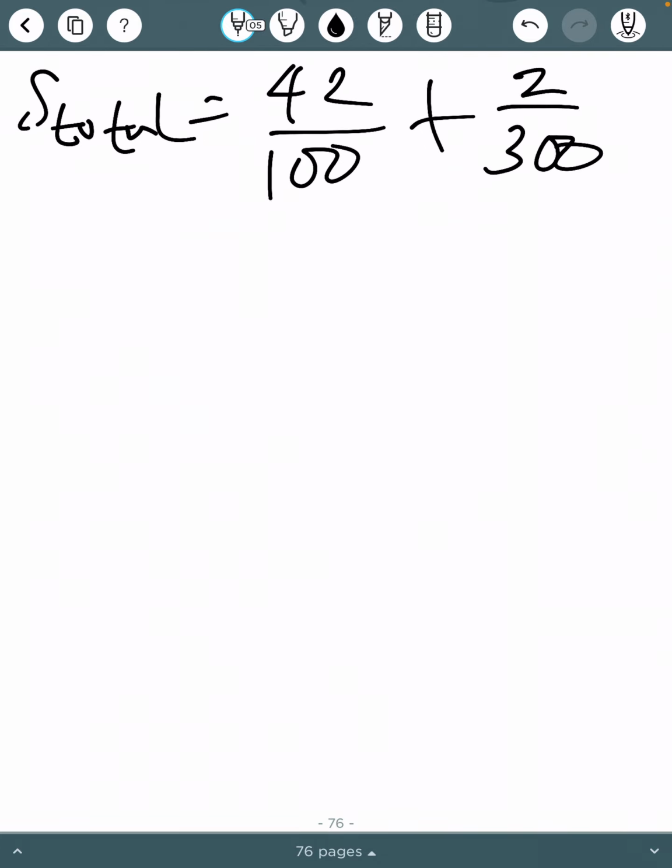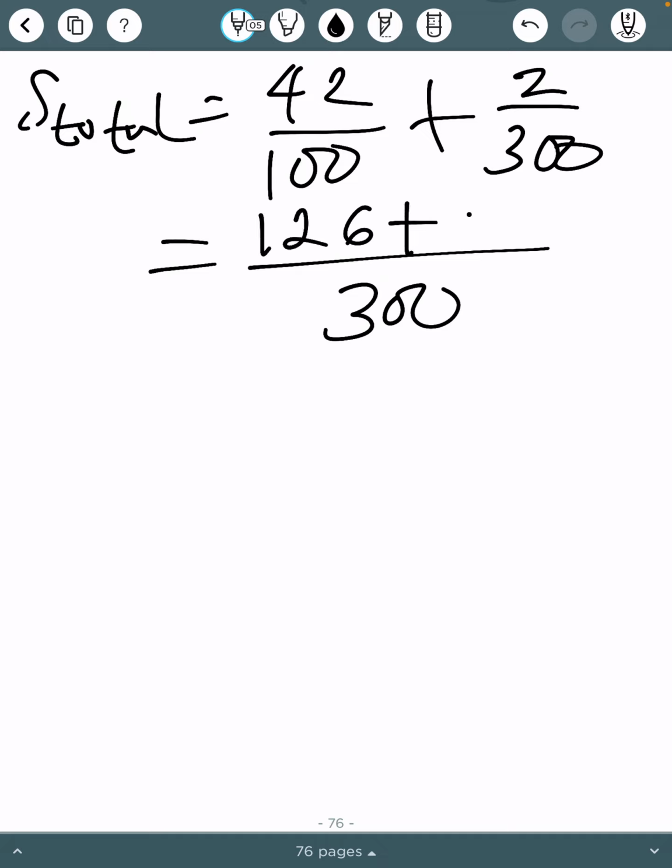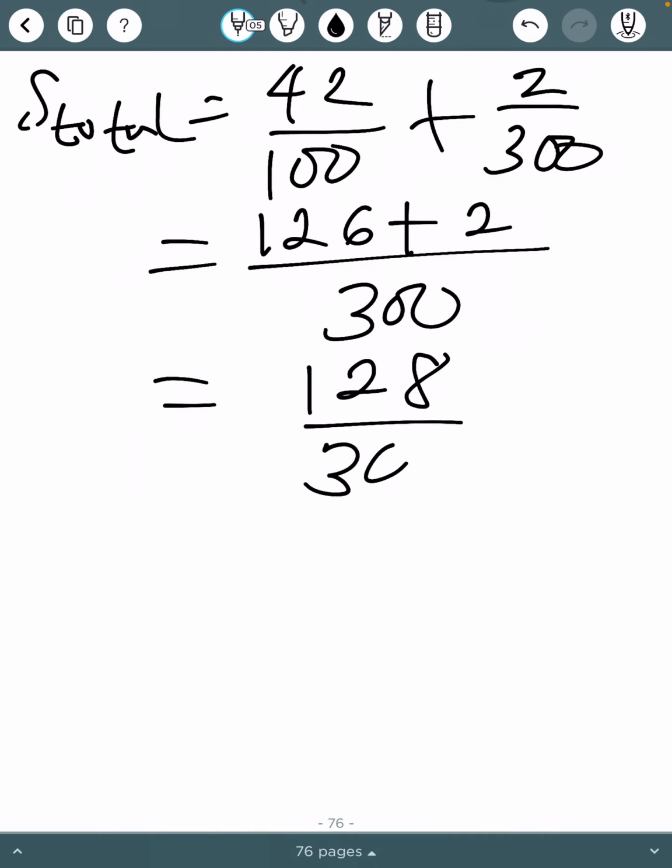Press your calculator to get this as a sum of two fractions. What does that give you? LCM is 300. 3 times 42 is 126, plus 2 will give you 128 over 300.